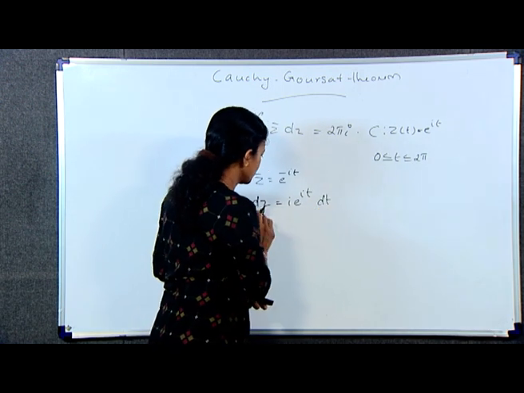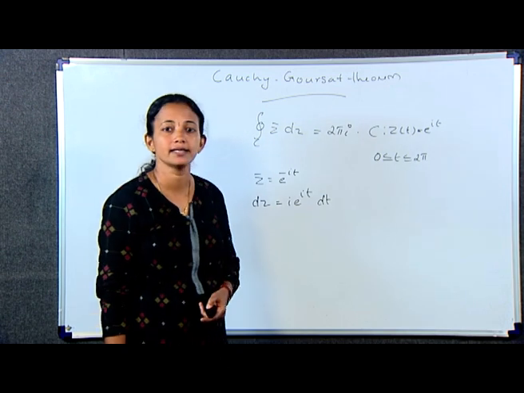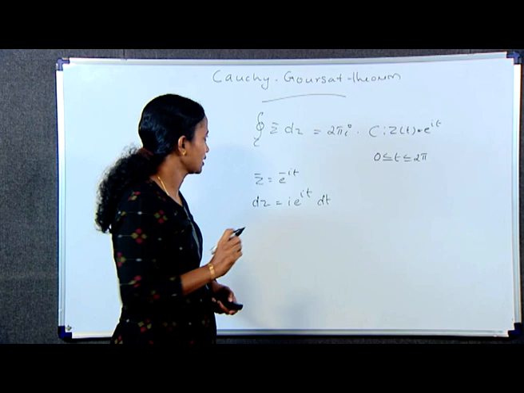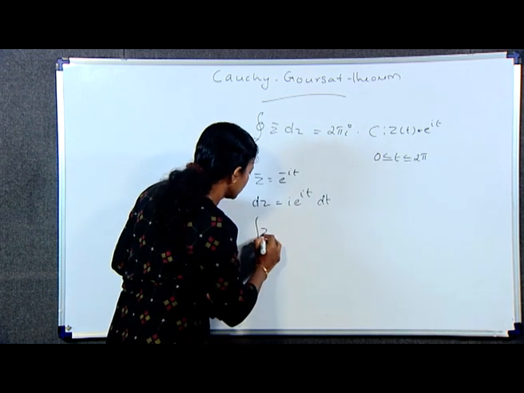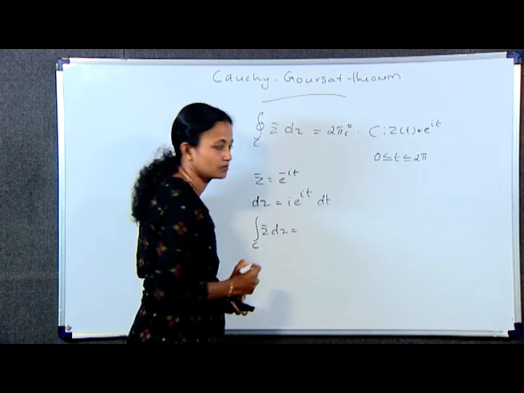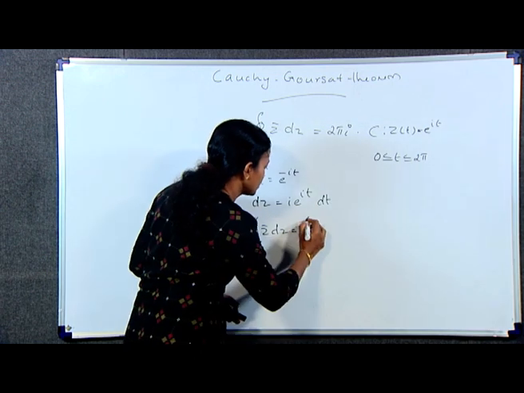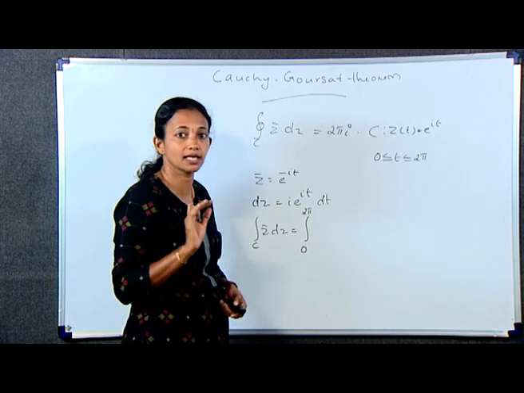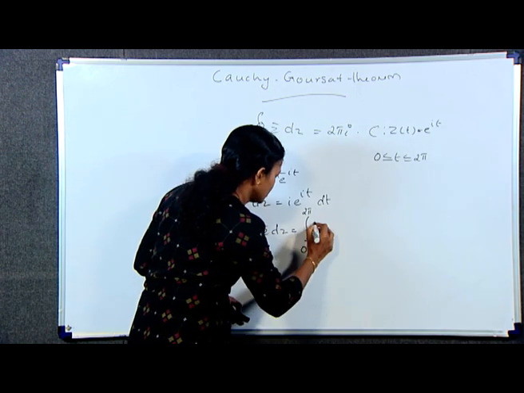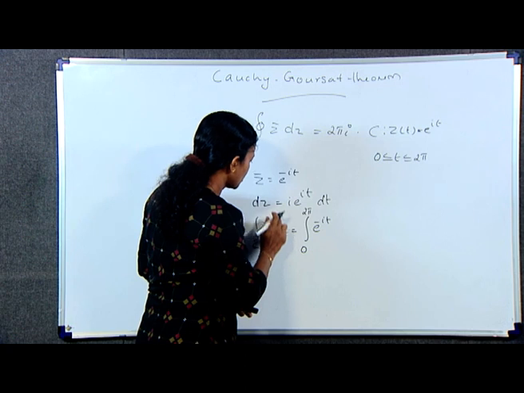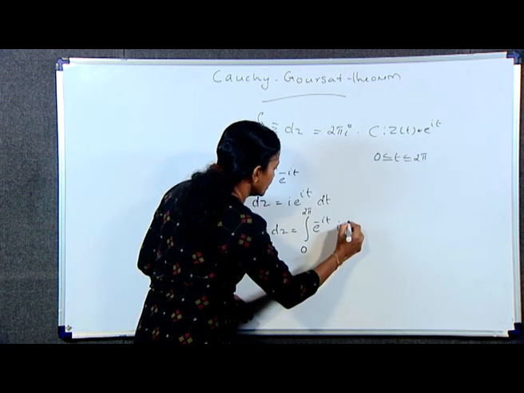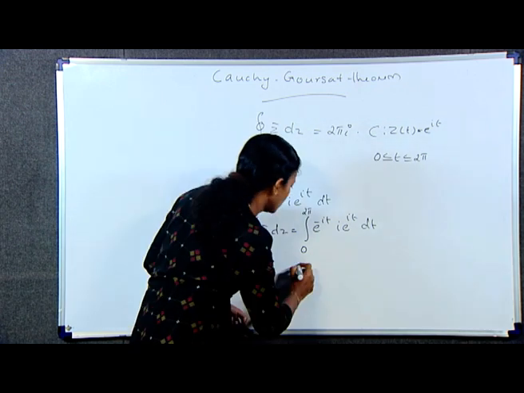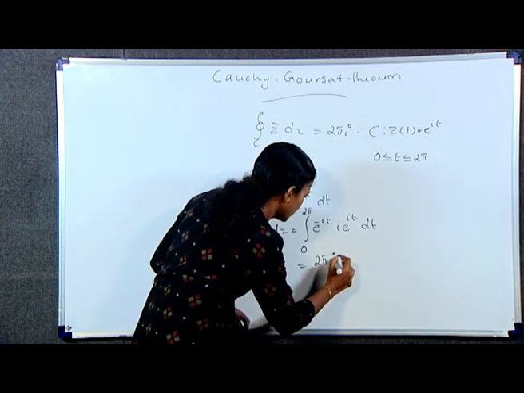Hence integral over C of z bar dz is equal to integral from 0 to 2 pi of e raised to minus i t, instead of dz we write i into e raised to i t dt. So, it is equal to 2 pi i.